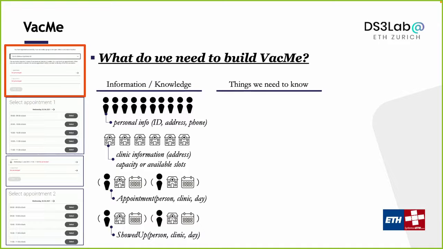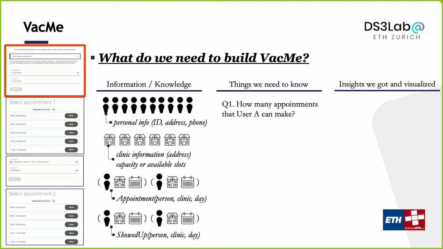you have something you want to do, and then you have some insight that you want to get from all the knowledge you have. So here, for example, I want to know, given a user A, how many appointments can this user actually make? This is something you want to know, given all the facts you have about this application.